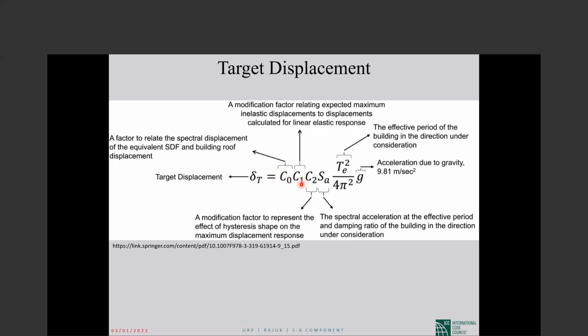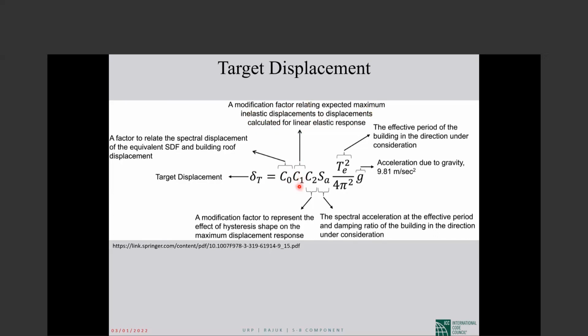C1 is a modification factor relating the expected maximum inelastic displacement to the displacement calculated for linear elastic response. In seismic design and evaluation, the buildings will experience nonlinear behavior, so the effect of nonlinearity, the effect of damage, will be included by C1.